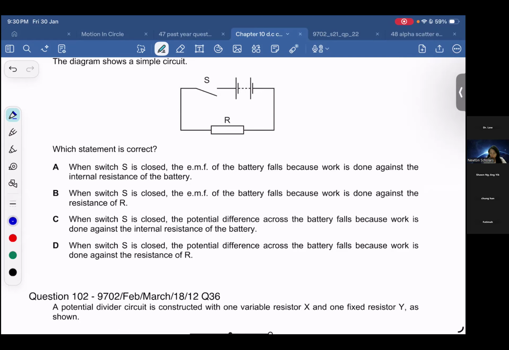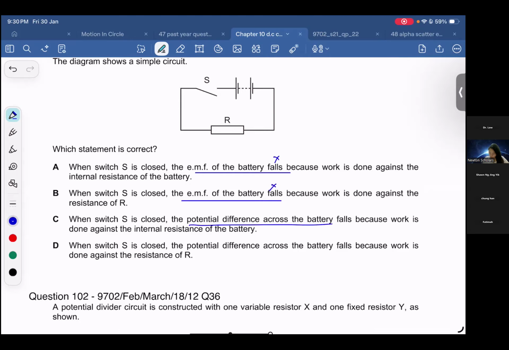When the switch is closed, the EMF of the battery will fall. No, the EMF will remain constant. When we close the switch, the voltmeter reading will drop. Actually, when the switch is closed, the voltmeter is no longer measuring the EMF. So you cannot say the EMF falls. No, the EMF is constant, okay? So A and B are confirmed wrong.